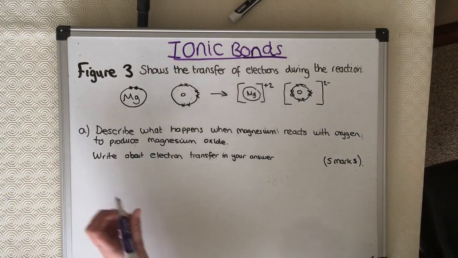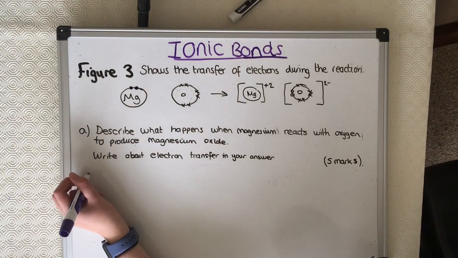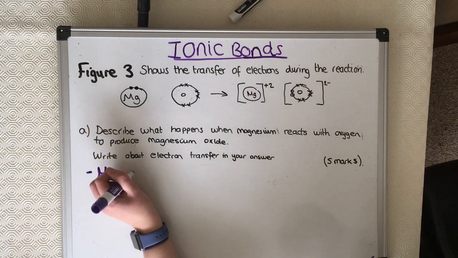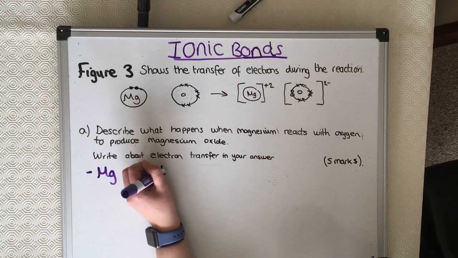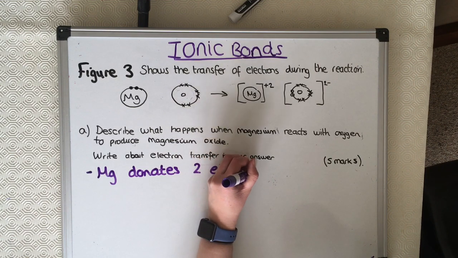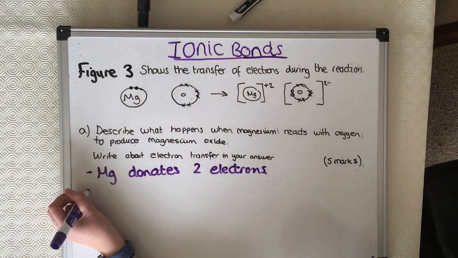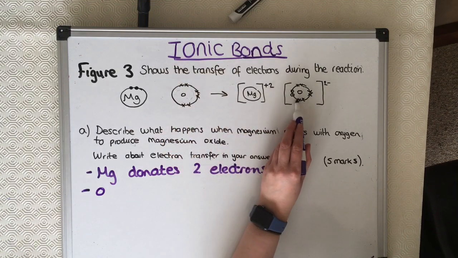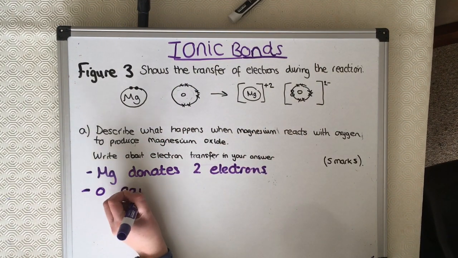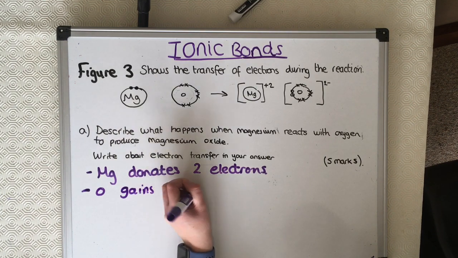So now you've had a chance to have a go at it. First marking point would be magnesium donates 2 electrons, so I'm just going to write Mg donates 2 electrons. Oxygen, well, that's going to gain 2. You can see it's got 2 extra here, so oxygen gains 2 electrons.